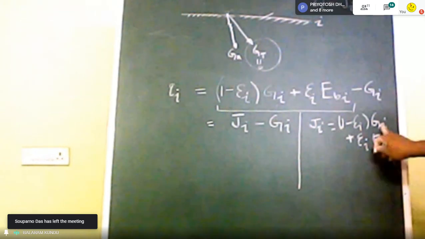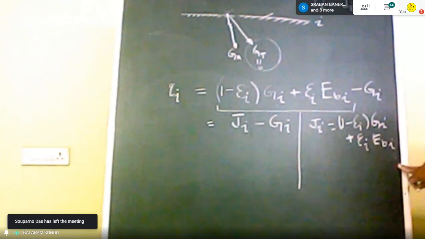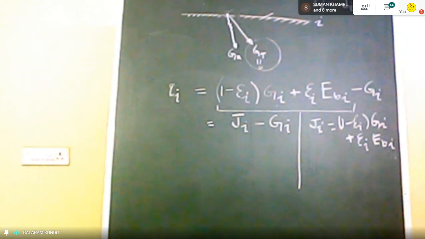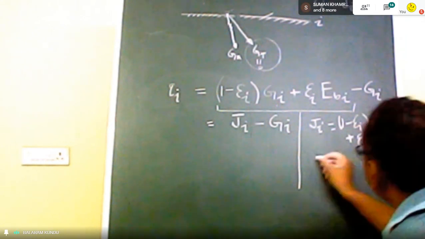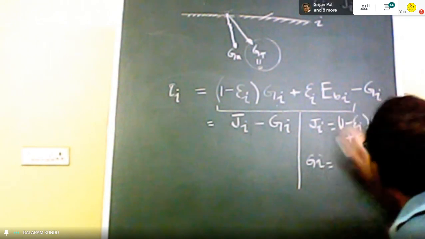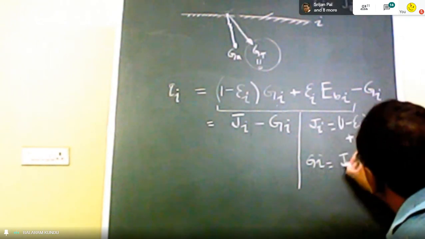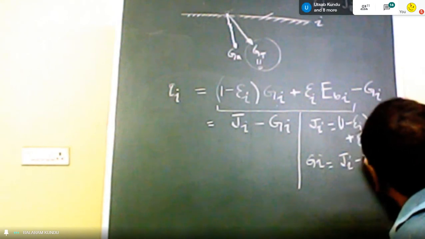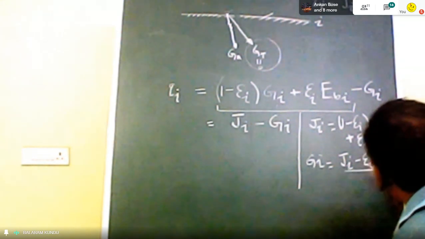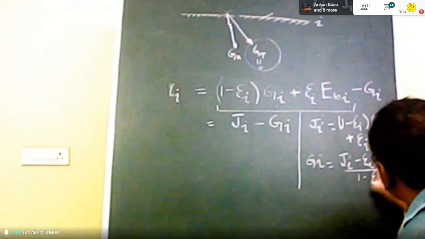So therefore Gi, from this relationship we write Gi as a function of Ji. So Gi equal to Ji minus epsilon i into Ebi, whole divided by 1 minus epsilon i.